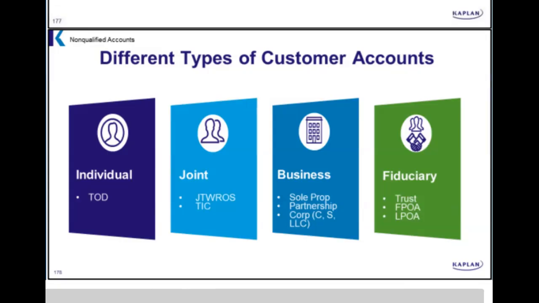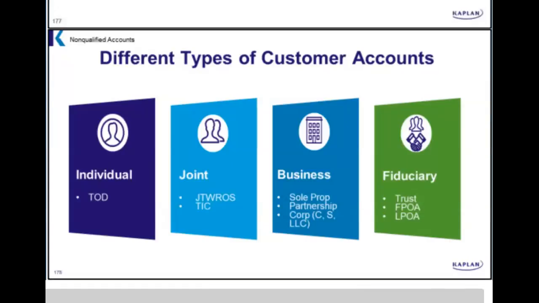If we have two or more people that would like the money, in the event of their death, to easily pass to the other person without question or having to go through any type of process, we would open a JTW ROS. This would typically be for a married couple. If my husband were to die, I'd have full access to 100% of the money in this account. If I were to die, he would have full access to all of the money in the account.